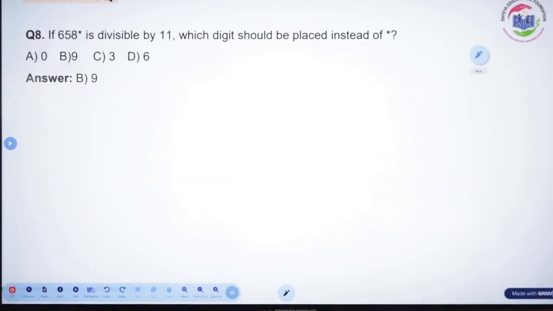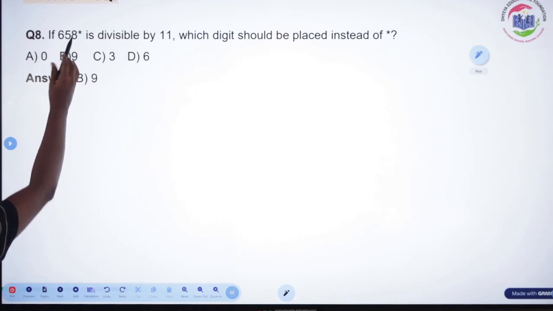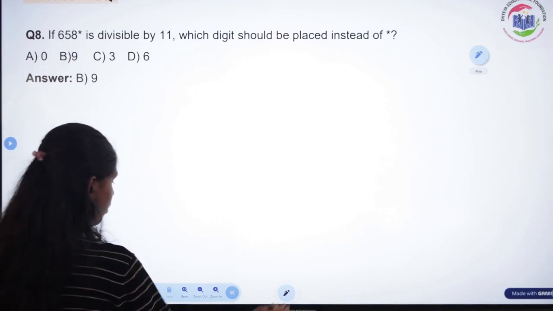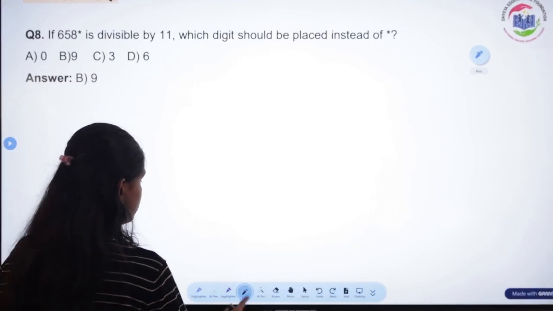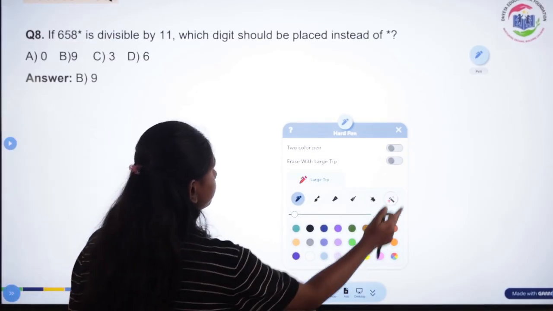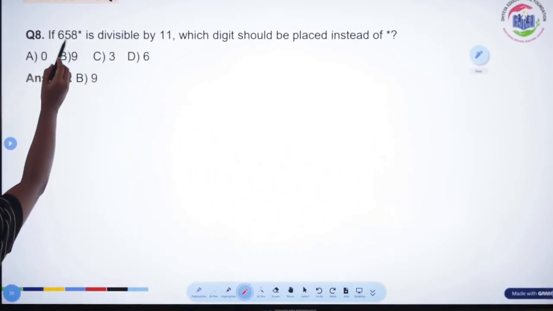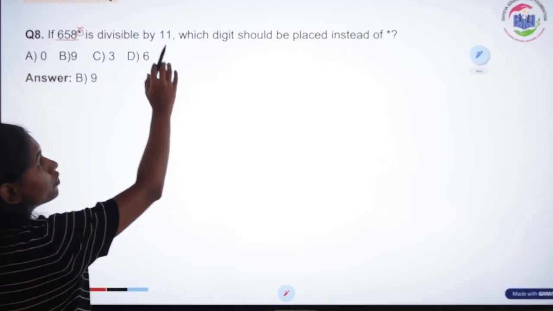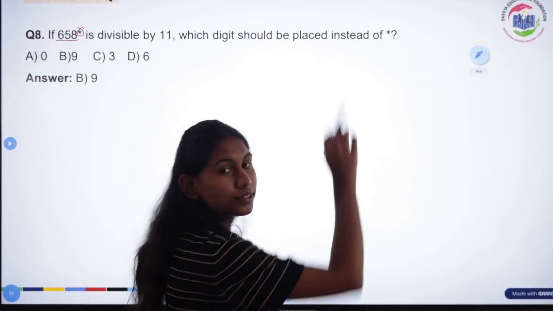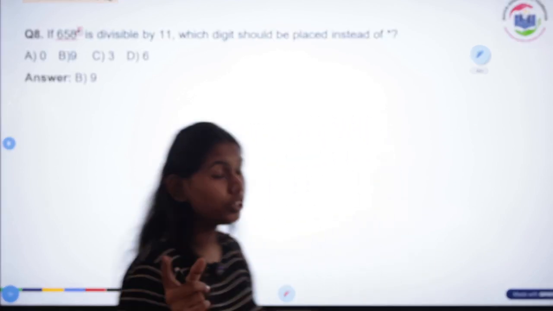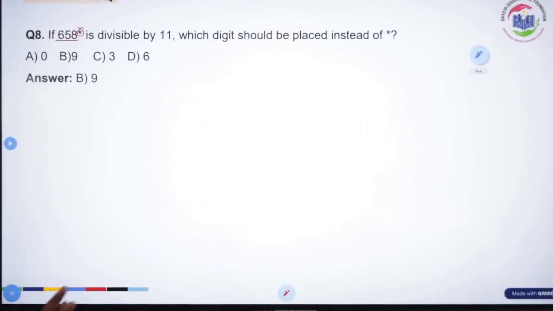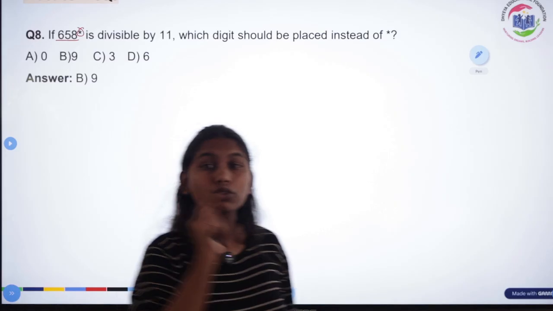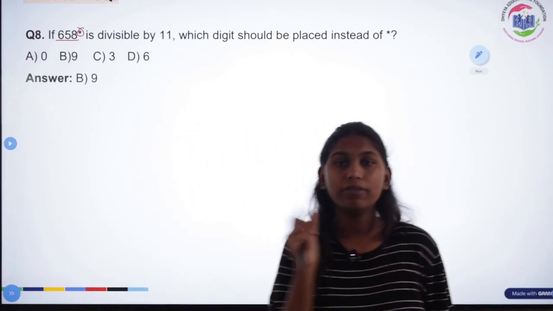Then next, if 6 5 8 star is divisible by 11, which digit should be placed instead of the star? Now, what is the rule to check whether it is divisible by 11 or not?